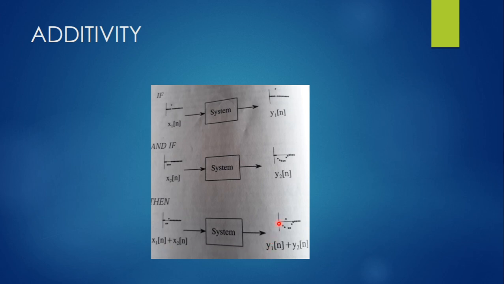If you get the output as y1[n] plus y2[n], the summation of these two outputs, the system is said to follow this property. If it follows both properties, homogeneity as well as additivity, the system is said to be linear. If it does not follow these two properties, then the system is said to be non-linear.